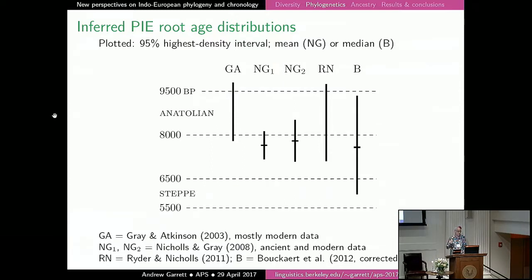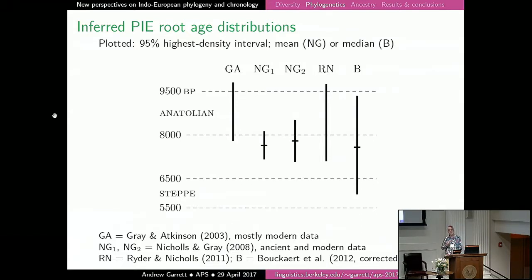This is a kind of easier to read summary of the result of that paper, which is B, and some related work by the same authors and their collaborators, consistently showing, using these methods, dates which are shown in these vertical lines, and these are the medians of the highest probability dates, consistently showing a chronology that is consistent with the Anatolian chronology, that is the first agriculturalists' chronology, and not with the steppe chronology, that's the horse and the wheel chronology out of the steppe.